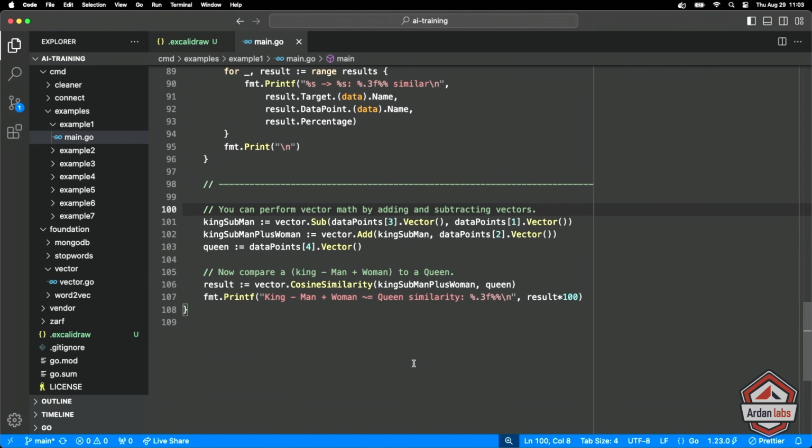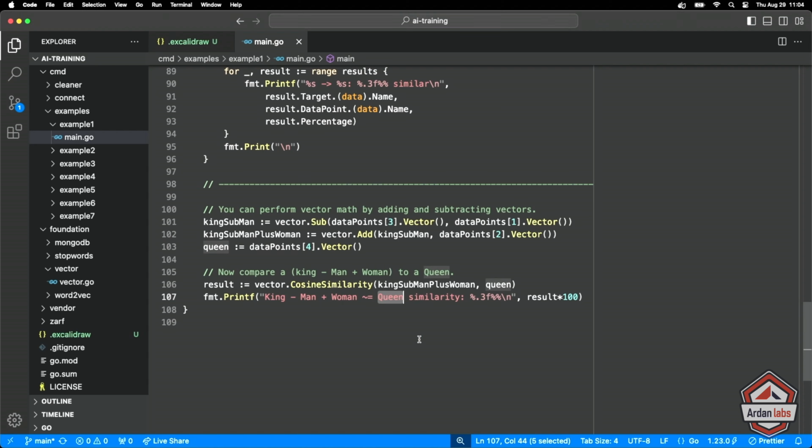There's this classic test that I saw online as I was learning this stuff, the idea that if you take a king, subtract a man, and add a woman, that should be similar to a queen. Okay, so the idea is you take a king, subtract the man out of the king, and then you add woman to the king, then we should have something that's similar to a queen, right?